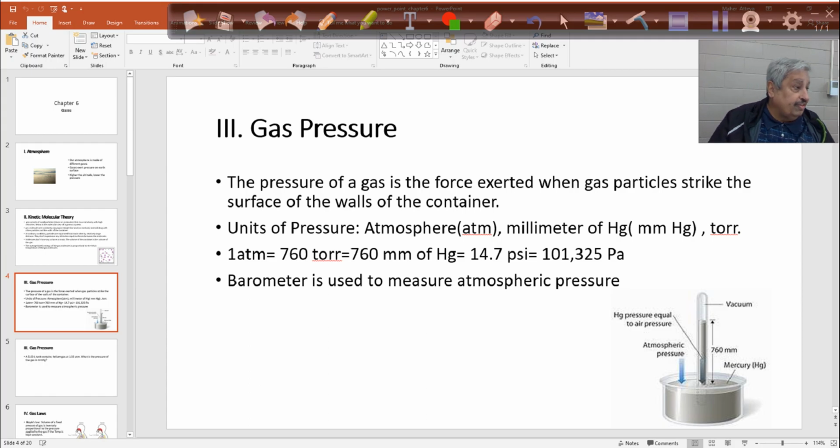The barometer is different from the manometer, correct? The barometer works with the height of the mercury. You can look at the height of the mercury: the pressure of the mercury inside equals the pressure of the air outside.